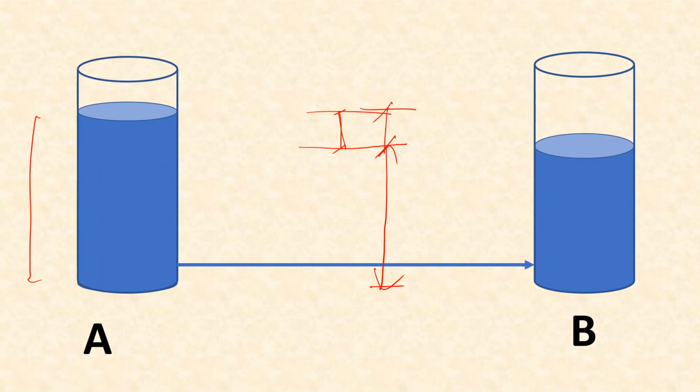Now in this case also, since the pressure difference or the head difference is small, the velocity will also be small. So the velocity with which it will enter this tank will be small, and therefore there will be less turbulence, less waves, less bubbles, and therefore the loss of energy will also be less.